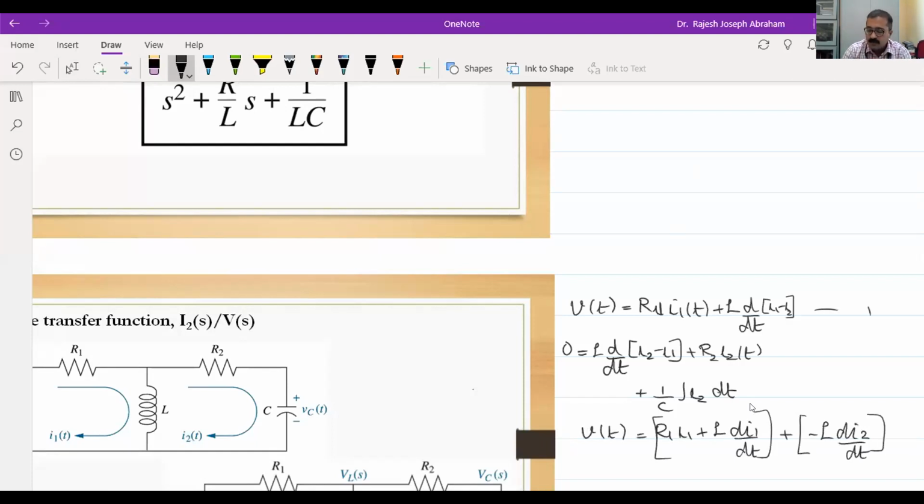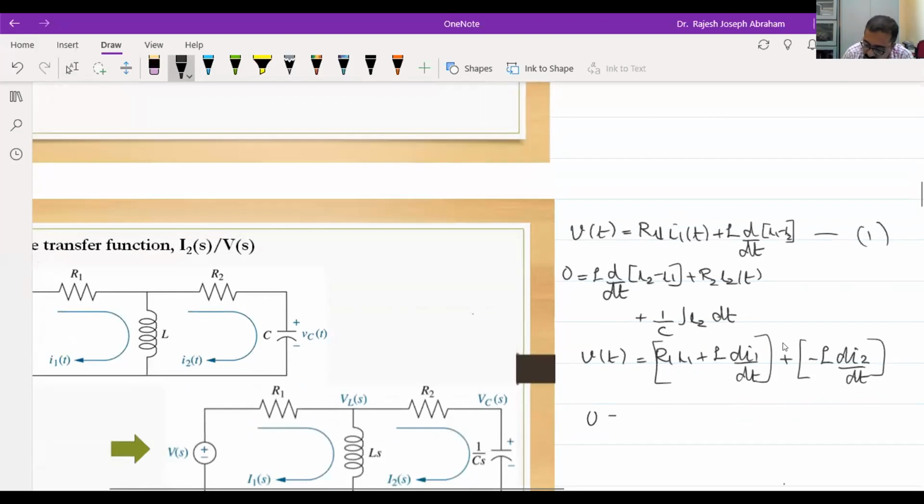From equation 1 we can rearrange that. Then from equation 2, what will you get? 0 equals minus L di1 by dt plus L di2 by dt plus R2 I2 of t.